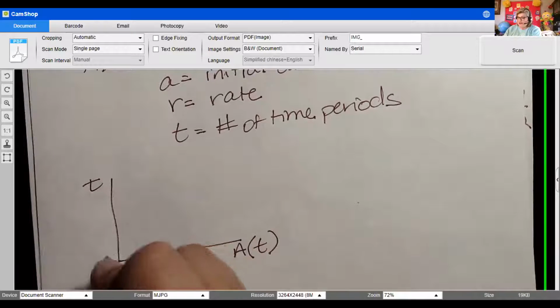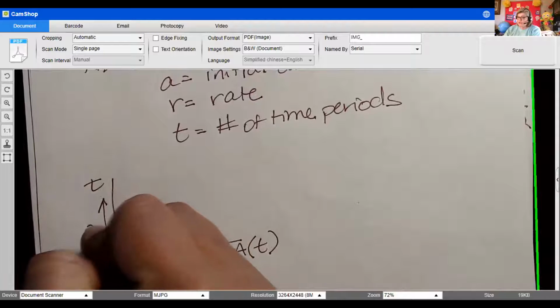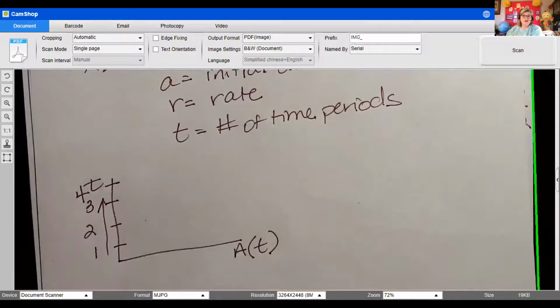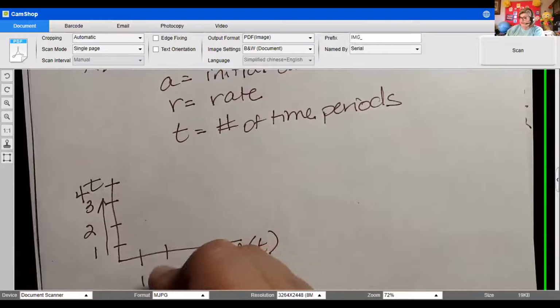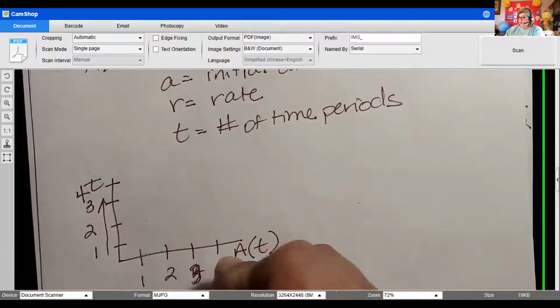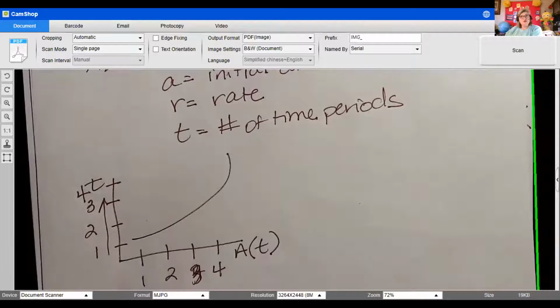So as time goes up, because we're at 1, 2, 3, 4, we expect A of t to increase on the x-axis as well. And so your growth model is going to look something like this. It could be straighter or flatter.